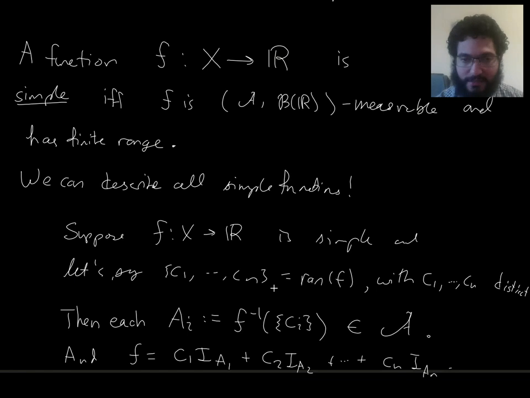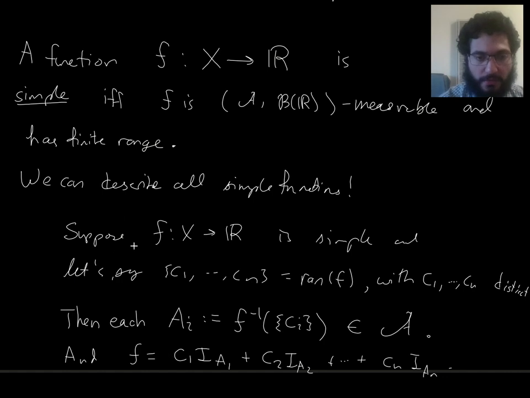I'm assuming they're distinct. So any given point in the domain here is going to be in exactly one of these A sub i's. And so if you evaluate the right-hand side at that point, all of the indicator functions vanish except for the one that corresponds to the set that has that point, and then you're just left with C subscript whichever was the correct output for f. So pretty straightforward to check this equality.